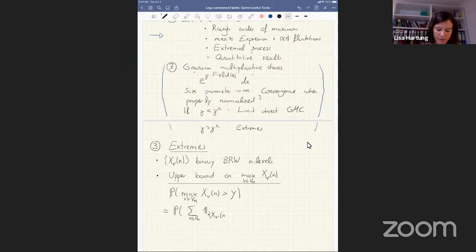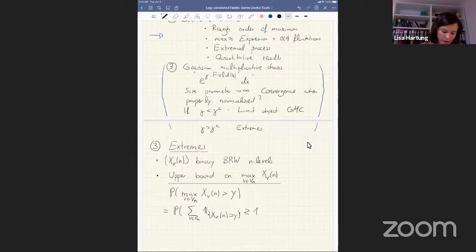So I put an indicator function, X_v(n) larger than y. This sum really counts the number of particles above y. And so the probability that there is a particle above y is exactly the same as asking that this sum is greater or equal than 1.